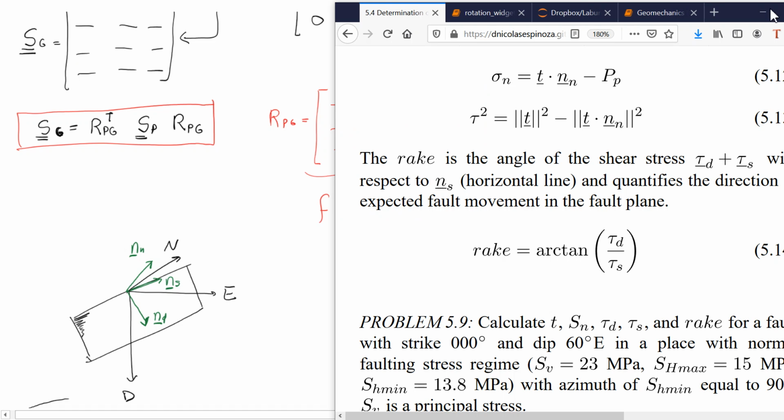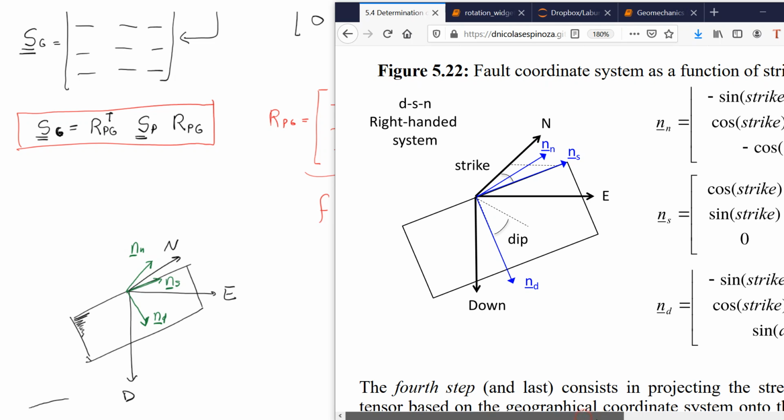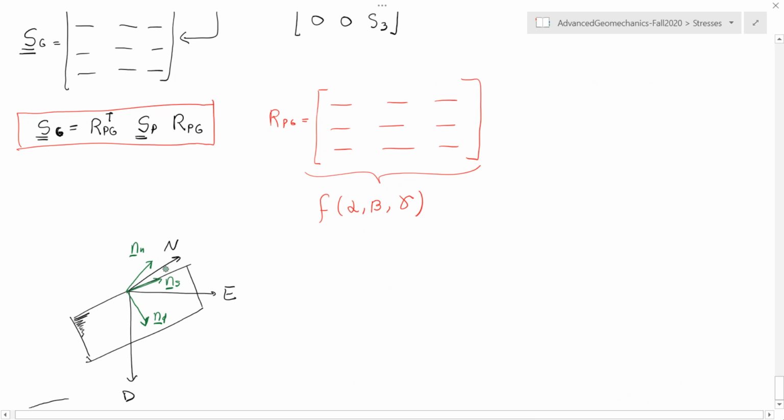The values of NN, NS, and ND, you can find here in the notes, and they are also a combination of cosines and sines of strike and dip. Where strike is the angle between the north and the line of strike.